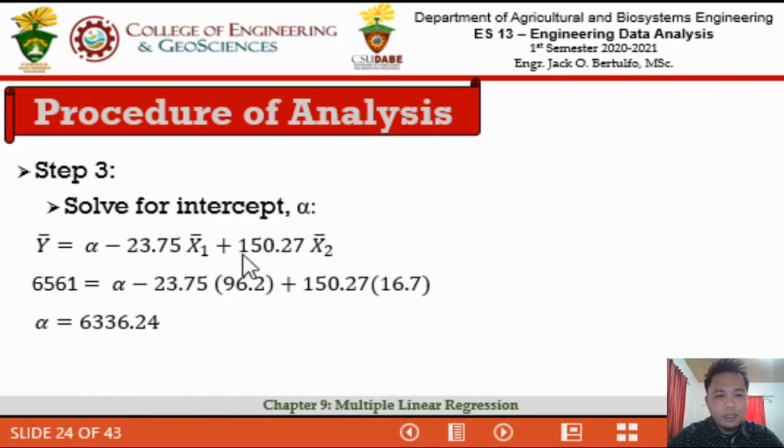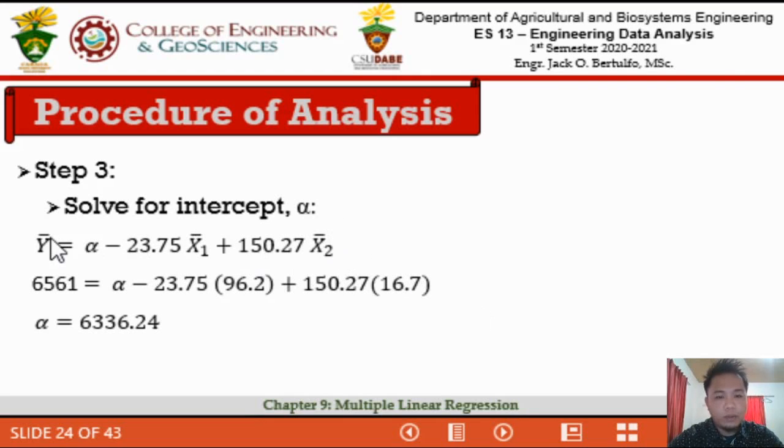Then after that, for step 3, I need to solve for the alpha, which is the y-intercept. So, using this equation that we formulated, we will use the value of the mean. The mean of y is just equal to alpha minus 23.75 times the mean of x1, plus 150.27 multiplied by the mean of x2.